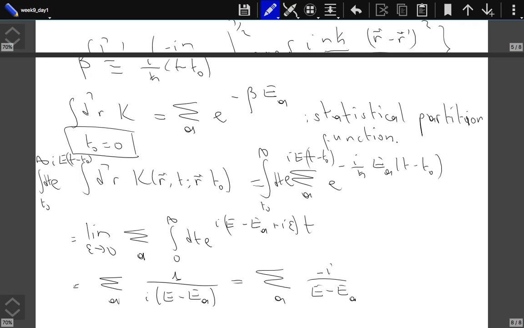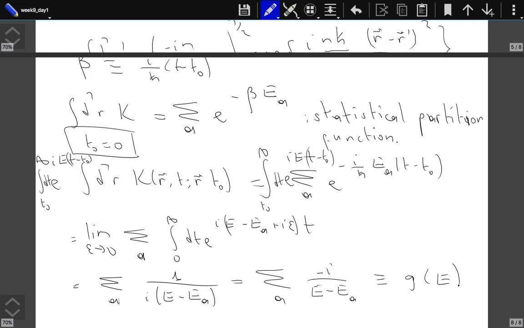I obtain some other function, which is the sum over all the eigenstates of 1 over E minus E_A. This is my new function. Let me just call it G. But you see, this function has poles whenever the energy is equal to one of the energy eigenvalues.